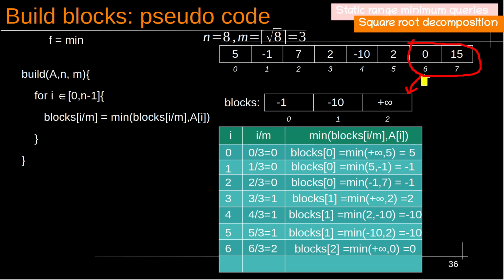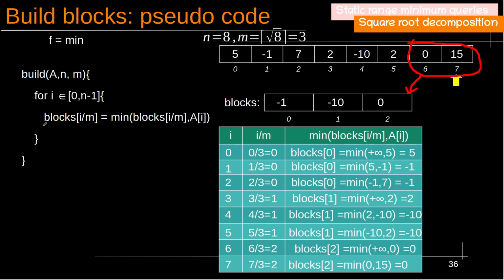So the minimum will be 0. And the final value in the original array, A7. So I is equal to 7. 7 over 3 is 2. So blocks of 2 is the minimum between the previous computation in the cell blocks of 2 and A7, which is 15. The minimum will remain 0.